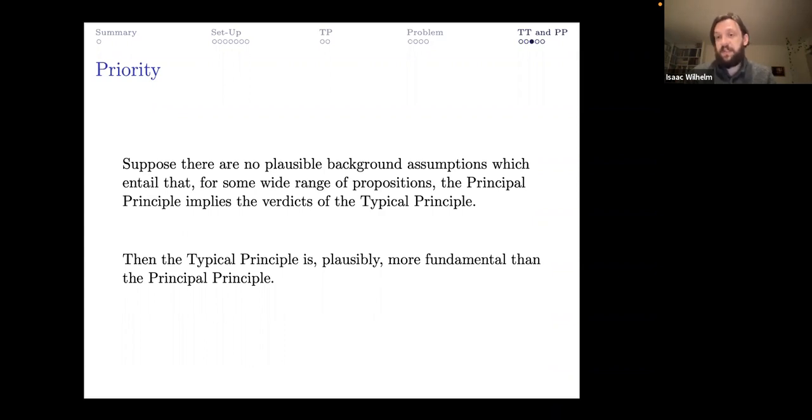That's the thing we're using fundamentally when we set our beliefs and our expectations. That's our guide. It's not the principle, or if it is, it's only the principle by way of this more fundamental fact about rationality, the fact that the typical principle embodies.